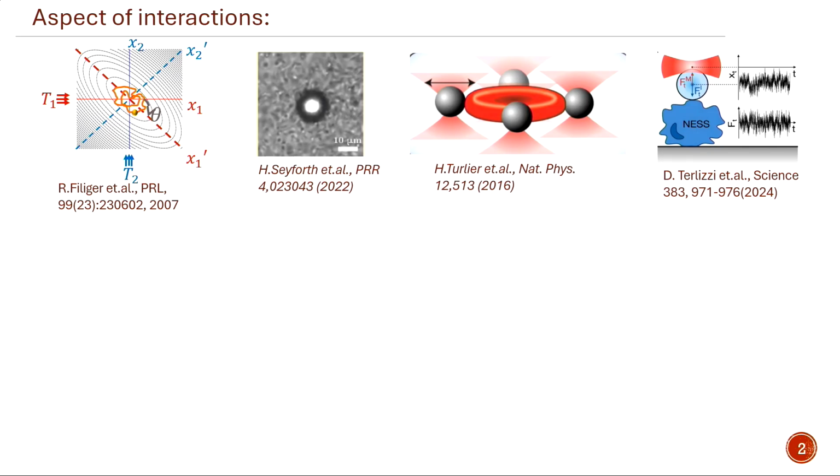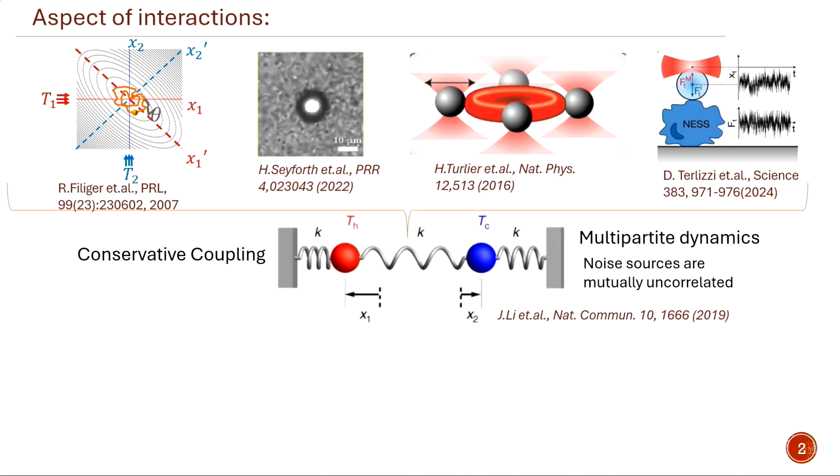And oftentimes, to understand the non-equilibrium characteristics of such systems, we consider the whole system with a spring-mass-like system, where in the simplest form you have 2 degrees of freedom. They are coupled via a spring-mass type of interaction, and those are at different temperatures.